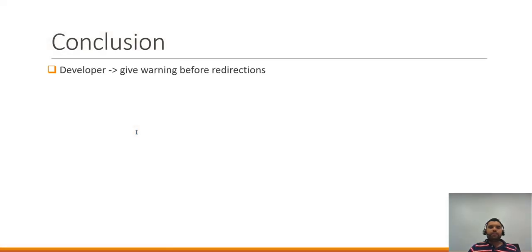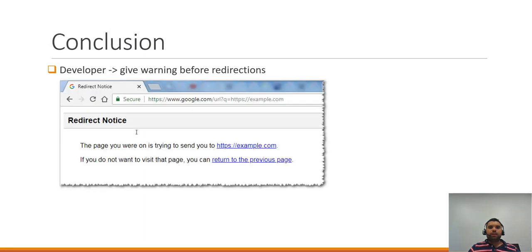Now the next question is, how do we avoid this, or what can a developer do to warn the user? One of the things I have seen on several instances is that if the website is going to redirect you outside of the domain, it gives you a warning message or notice, so the user knows it's not the same domain they were browsing and is aware before performing any actions.